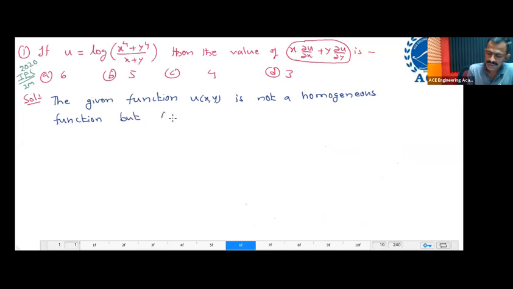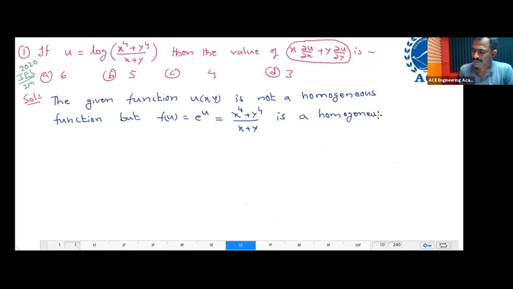But f of u equal to e power u equal to x power 4 plus y power 4 divided by x plus y is a homogeneous function with degree n equal to 4 minus 1 equal to 3.